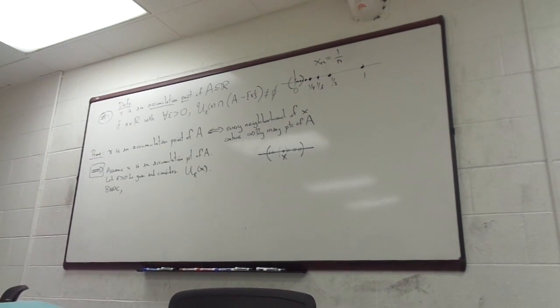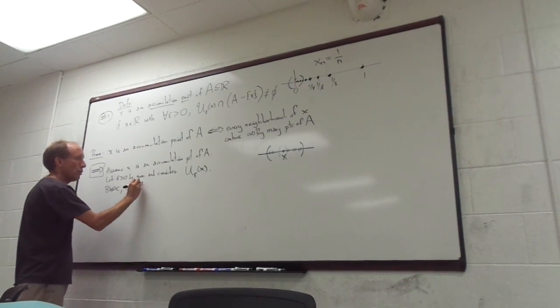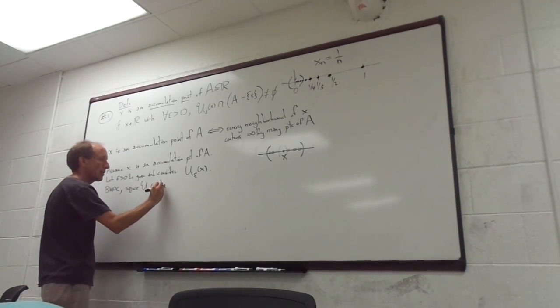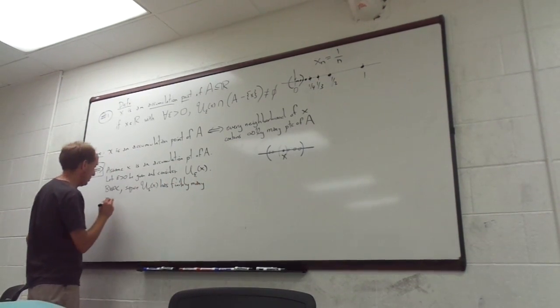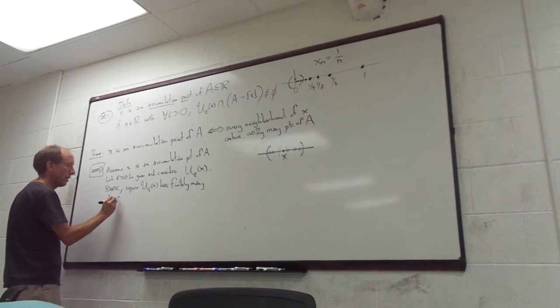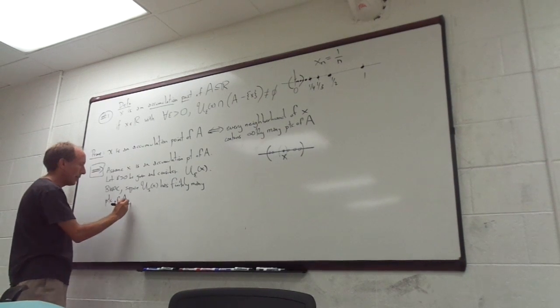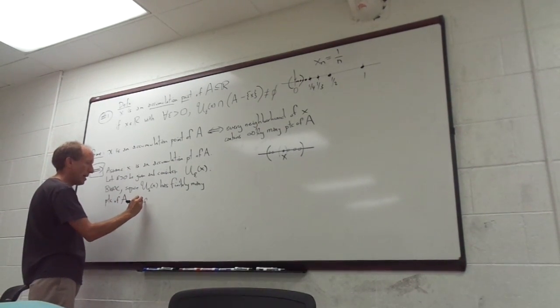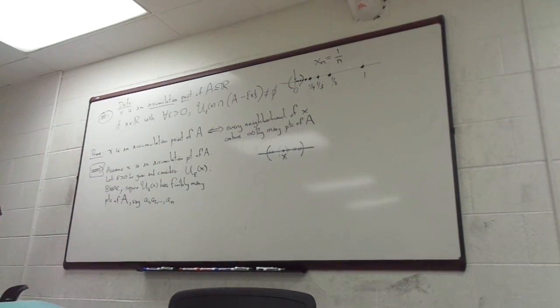So by way of contradiction, let's suppose that U sub epsilon of x has finitely many points of capital A. Let's give them names: A1, A2, up to A sub n. Those are finitely many distinct points.